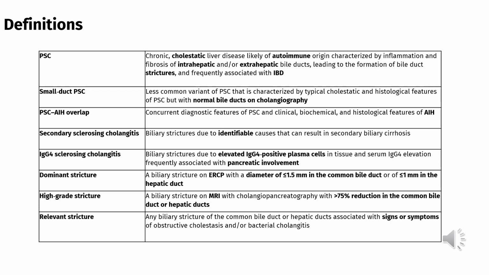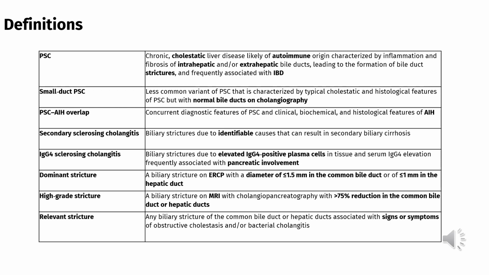Okay, so let's go over some very important definitions to start with. PSC is a chronic cholestatic liver disease, mostly autoimmune in origin, characterized mainly by inflammation and fibrosis of the intra and extrahepatic bile ducts, leading to the formation of bile duct strictures and frequently associated with IBD, as we all know.